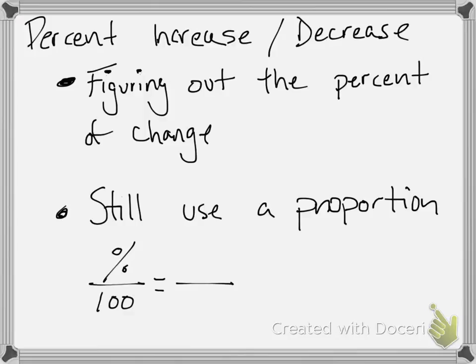But if we're figuring out the percent of an increase or decrease, the top number will need to be the difference or the change between the actual numbers, and the bottom will need to be the original number. So we still use a proportion, we still have percent over 100, but we'll have to think about this a little bit differently since we're looking for a percent of the change.